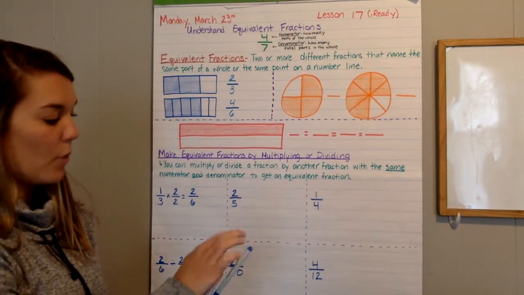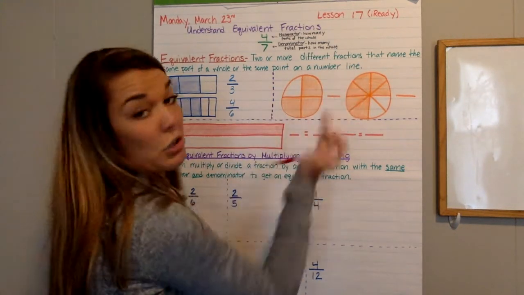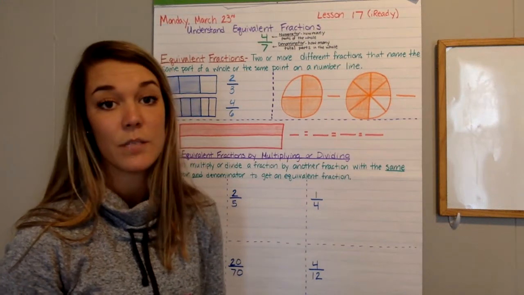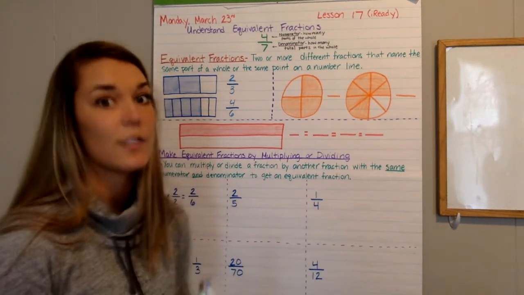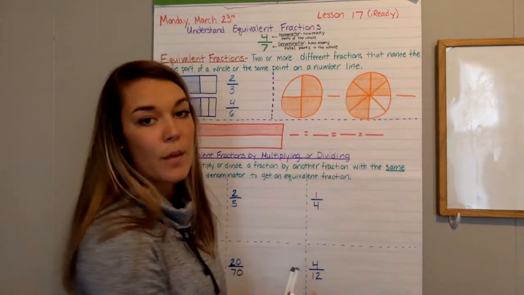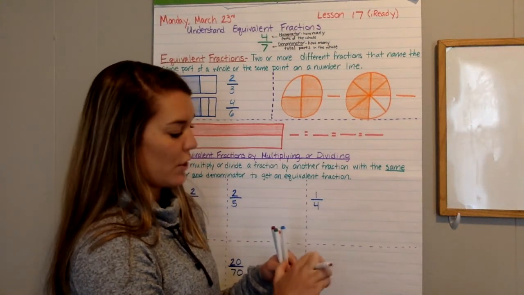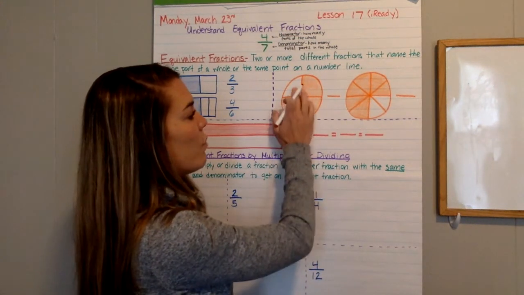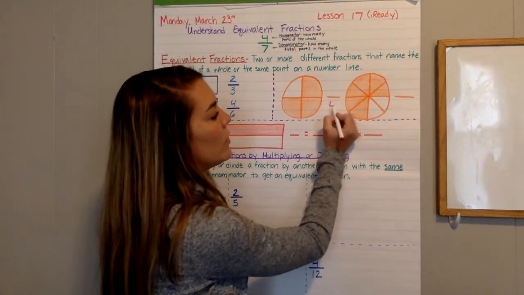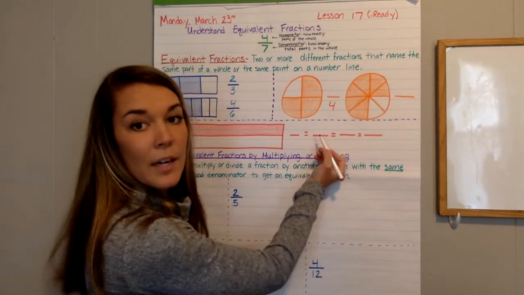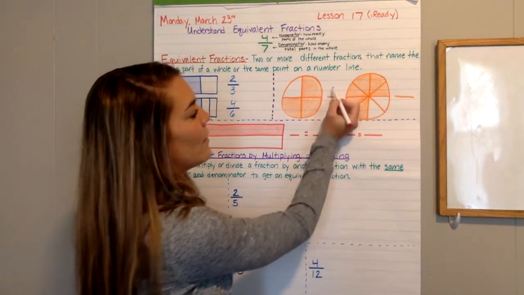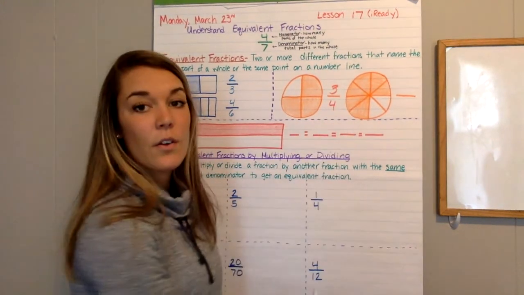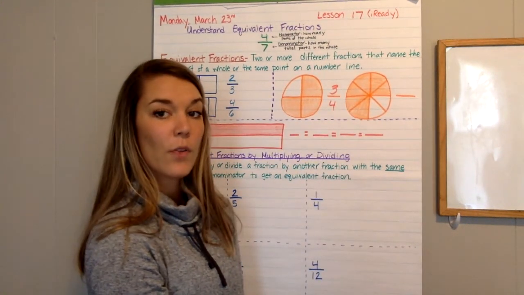Here's another example. These are circles instead. It doesn't really matter what the original shape is, okay, as long as you're comparing the same shapes. So in this first circle, I see I have 1, 2, 3, 4 total. And how many are shaded? 1, 2, 3. So this first model shows 3/4.